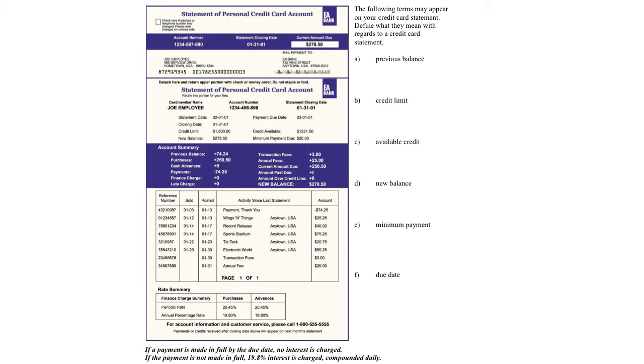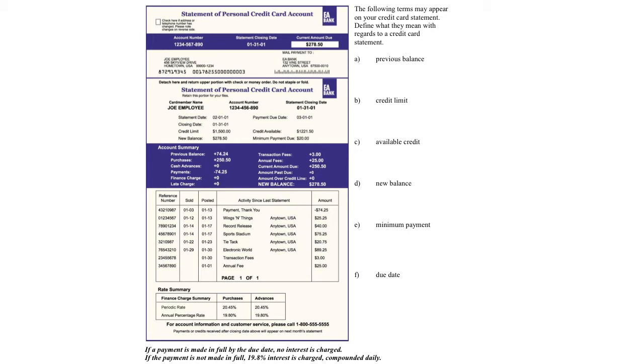Now, if you have a credit card, every month you're going to get something that looks like this, either in the mail or you'll get it online. It's called a credit card statement. Basically, it tells you how much you owe, what you spent your money on, when the payment is due, and it tells you what the interest rate is if you don't pay it back on time.